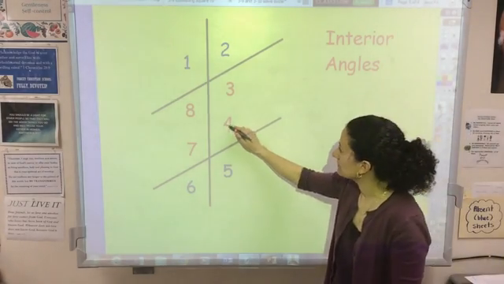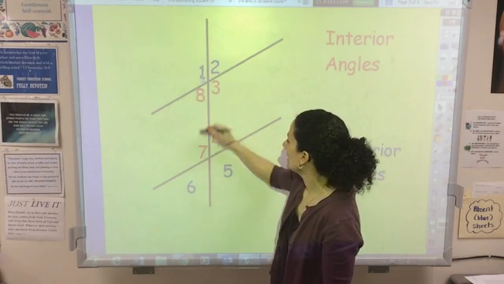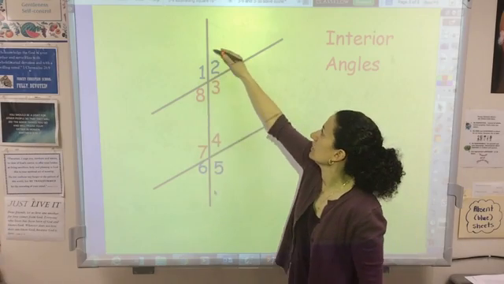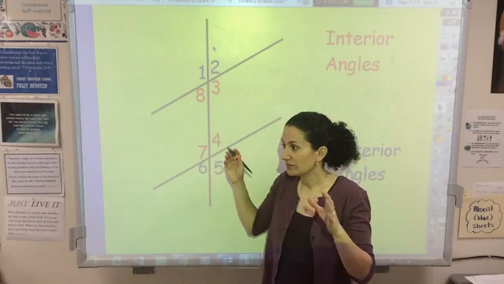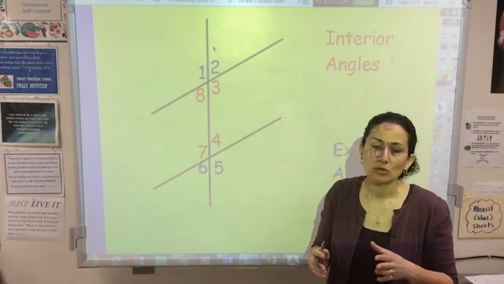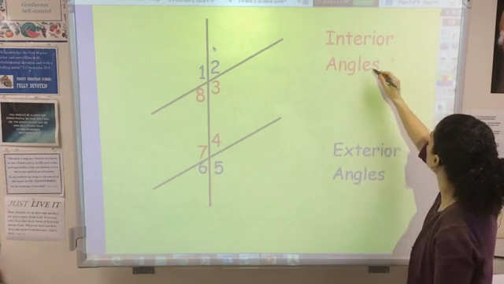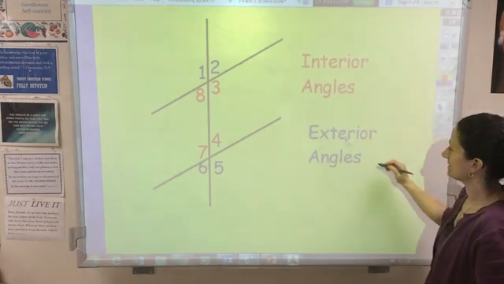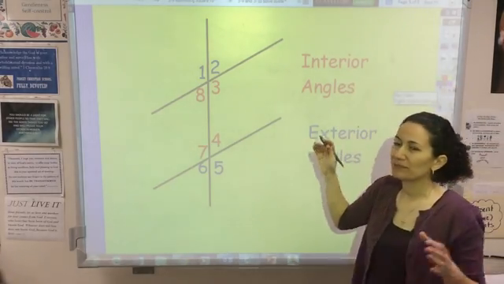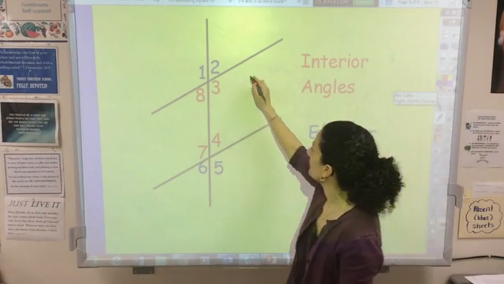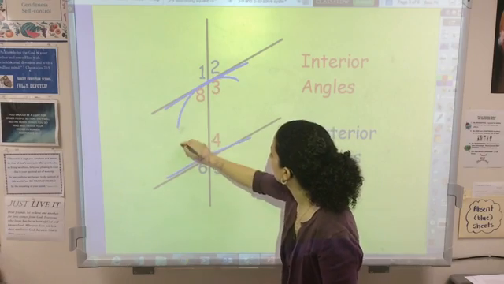Okay, here's the same diagram again. We're still talking about parallel lines cut by a, what's this called again? Transversal. And they're creating all kinds of angle relationships. We learned about corresponding angles. Here are two other words, interior and exterior angles. They are what they sound like. Interior means inside. The interior angles are the angles inside the parallel lines.